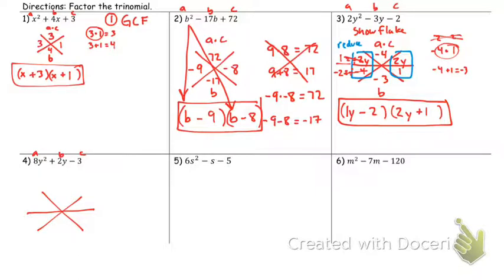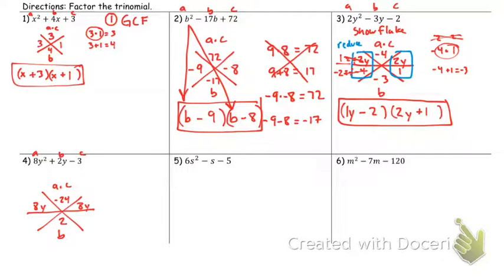A times c is going to give me negative 24, and then b is going to give me 2. It goes on the bottom. Then we're going to have 8y and 8y because this is my a value.